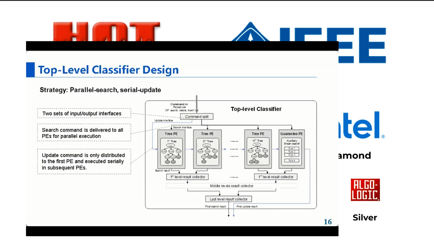In such a method, the update is decoupled from search and can prevent the same update happening in multiple PEs. For the search, the results of all PEs are merged and parsed in pairs by the result resolver level by level. The update result, however, goes through each PE in turn with the commands.